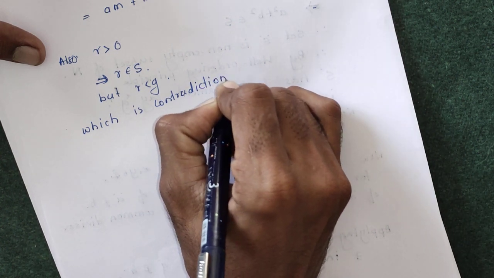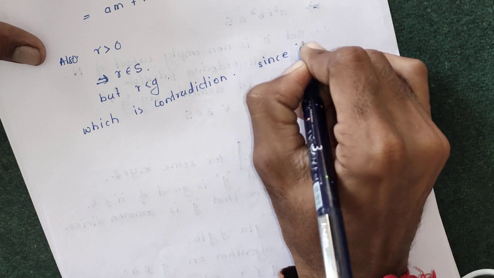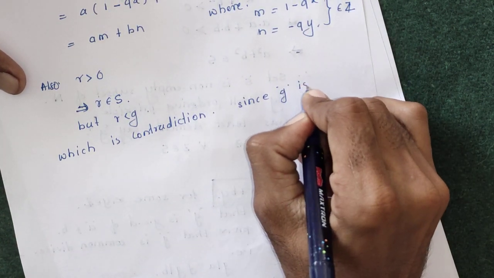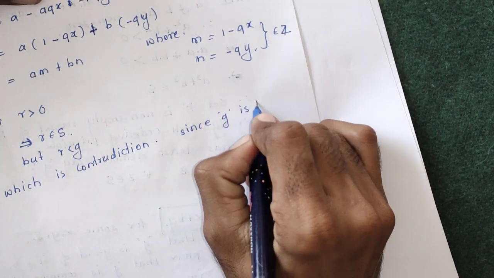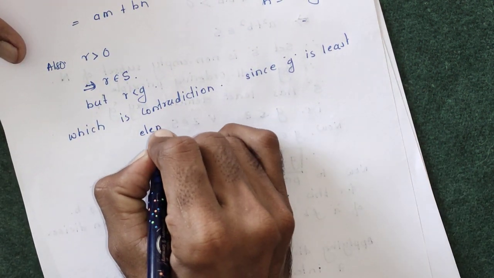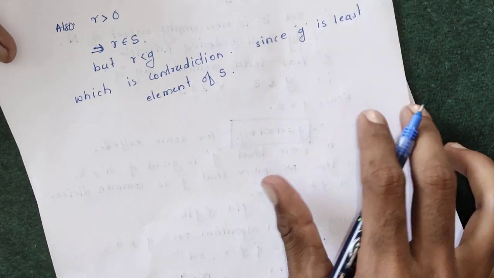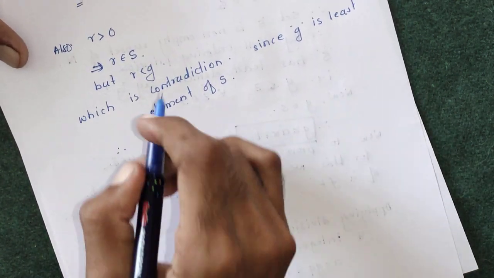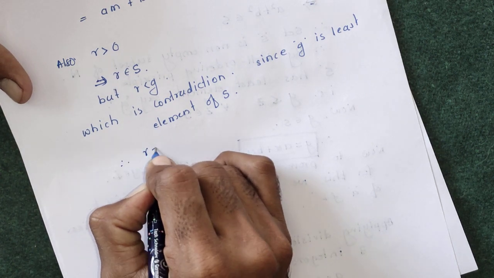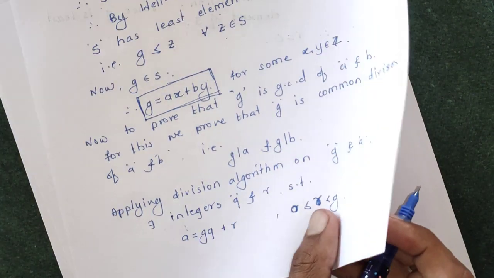Which is a contradiction, since G is the least element of S. Therefore R must be equal to 0.